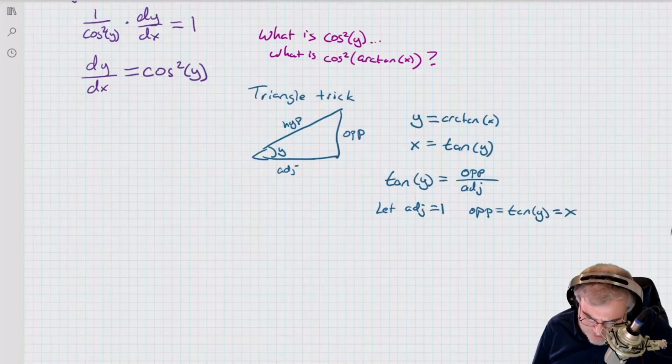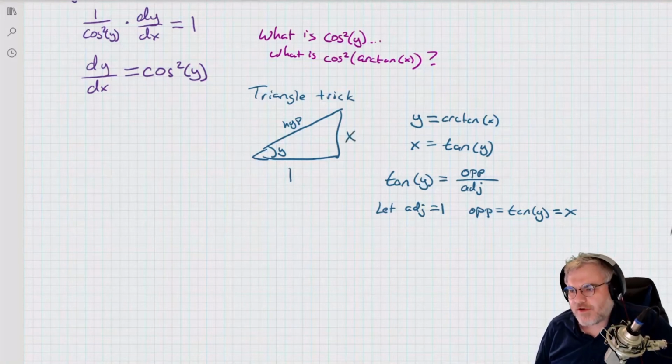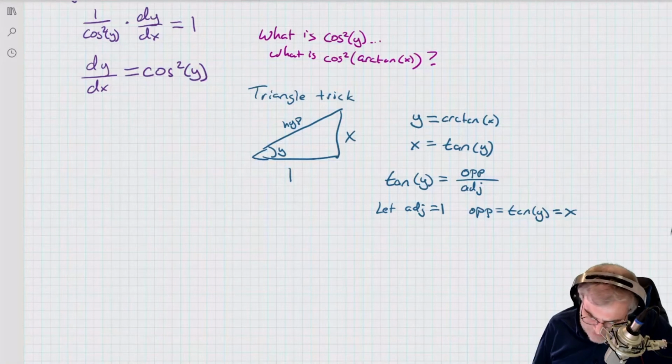So what I'm going to do is let this be 1, and let this be x. And then I'm going to solve for the hypotenuse, right? That means that the hypotenuse squared equals the adjacent squared plus the opposite squared.